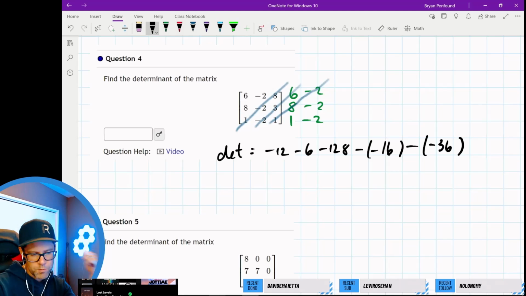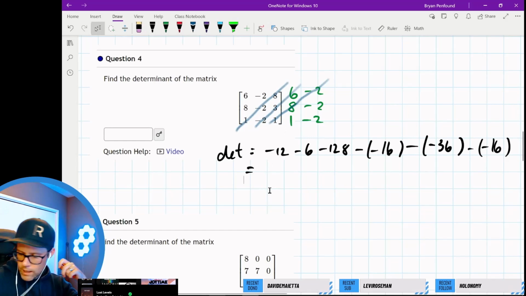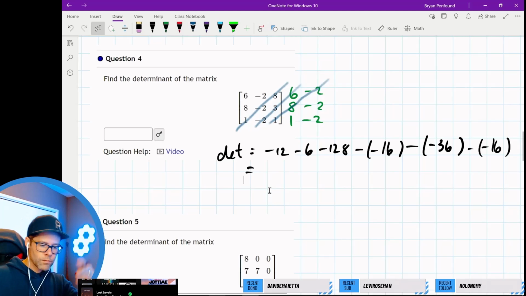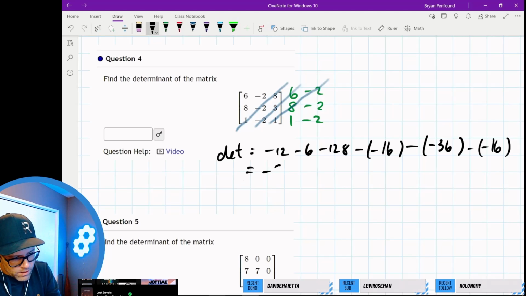And then 8 times 2 times 1. That's going to be 16 again. So another subtraction of -16. And then we just want to add this all up and see where this goes. So -12 minus 6 minus 128 plus 16 plus 36 plus 16 gets us to -78.